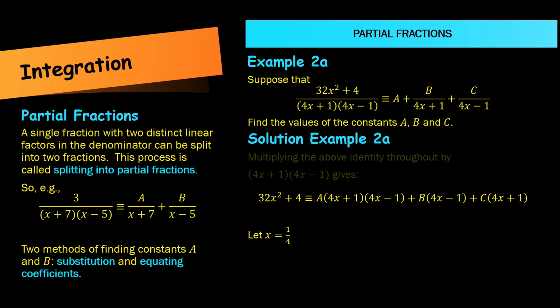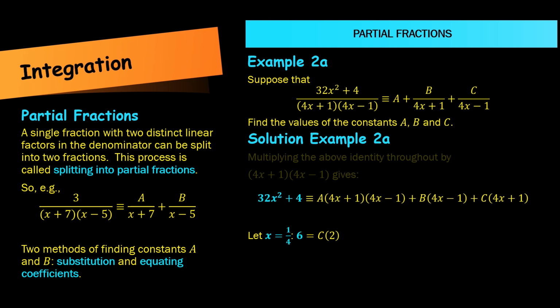Now let's use substitution. We are going to let x equal 1 over 4 to find one of the constants. You may be wondering why we've chosen x equals 1 over 4. This is so that the constant a disappears and the constant b disappears, and we can simply find the constant c.